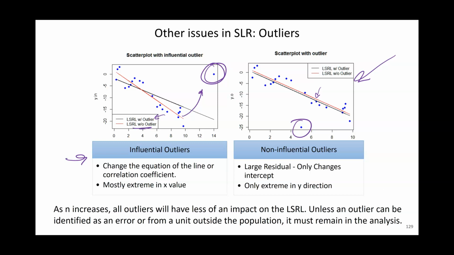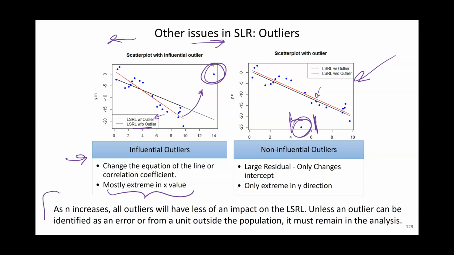So influential outliers tend to be in the extremes, way on the left or way on the right. Non-influential outliers tend to be closer to the middle x's. So the closer to the middle they are, the harder it is for them to influence where the line goes.